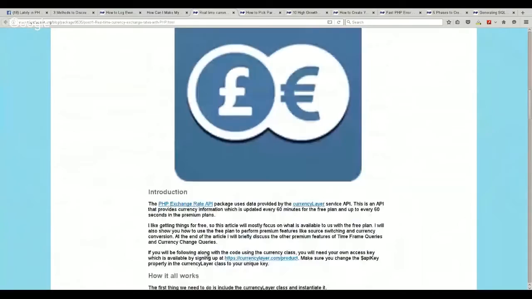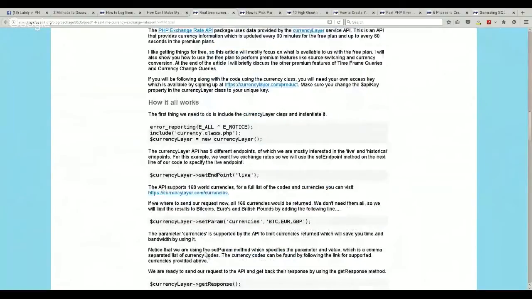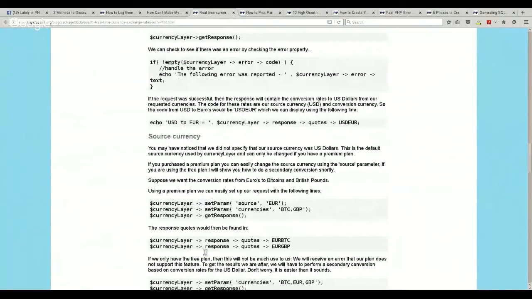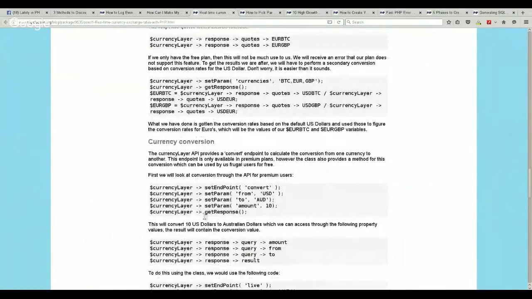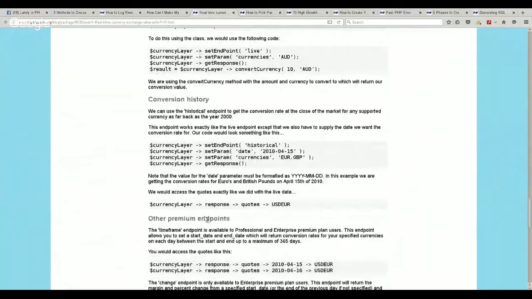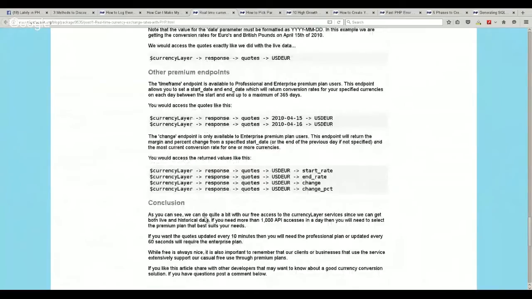This package and this article were written by Dave Smith, and he explains here how you can make it work. It's pretty simple, pretty straightforward, but it's always nice to have these simple tutorials that explain to users how they can benefit from this package.